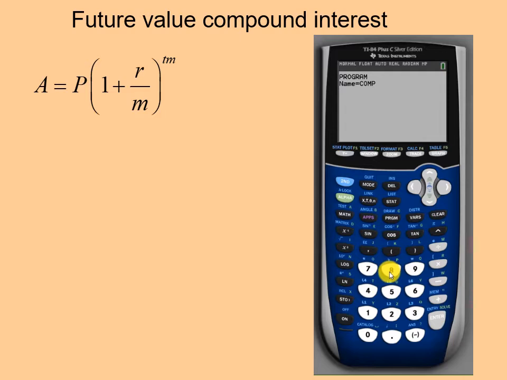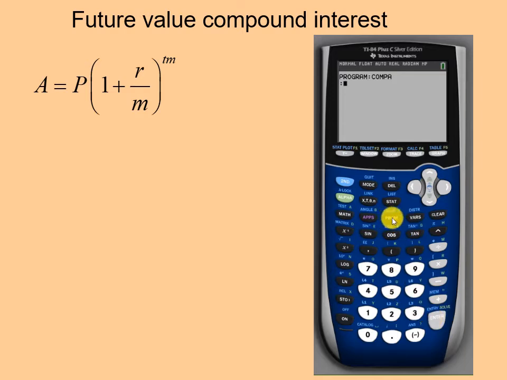And then we'll put the letter that we're solving for, which in this case will be the A. So our program name will be COMPA.